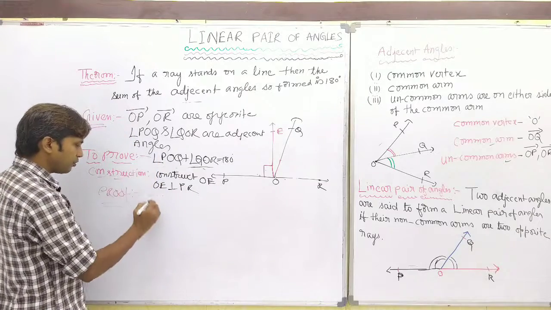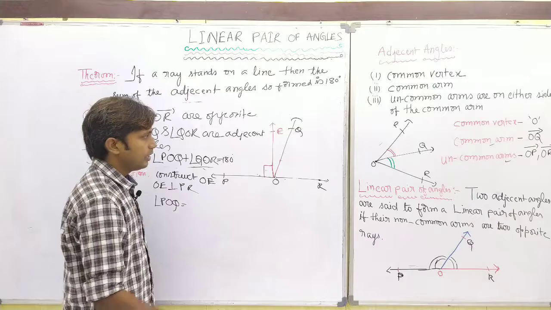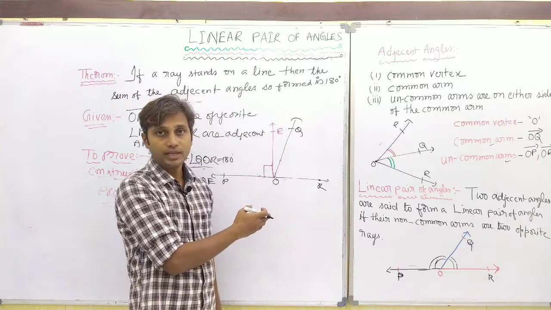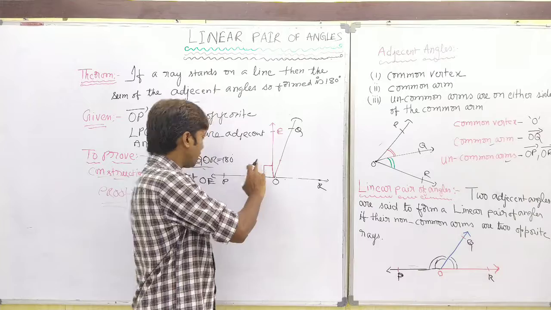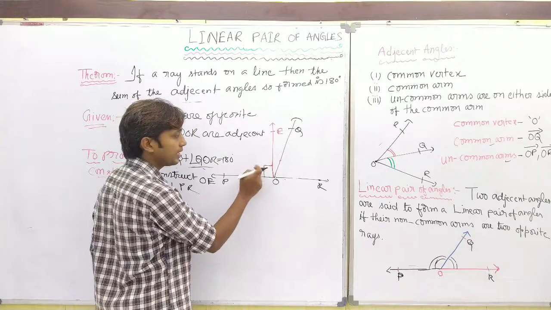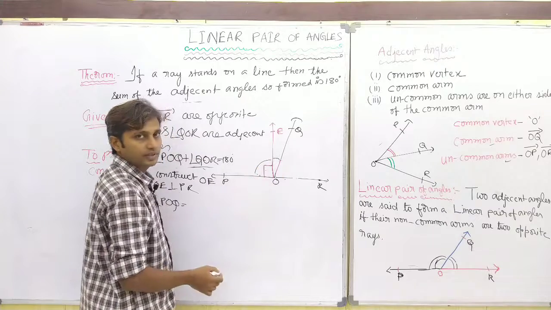So let us take POQ first. POQ equal to, because we have done one extra construction of OE, due to this OE, this total angle POQ is split into two, this and this. So what are those angles? Like this and like this. Got it?